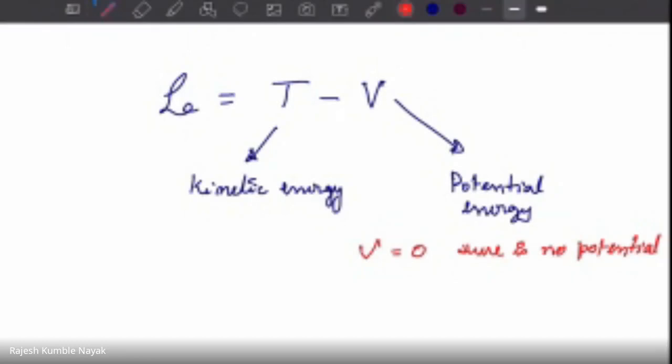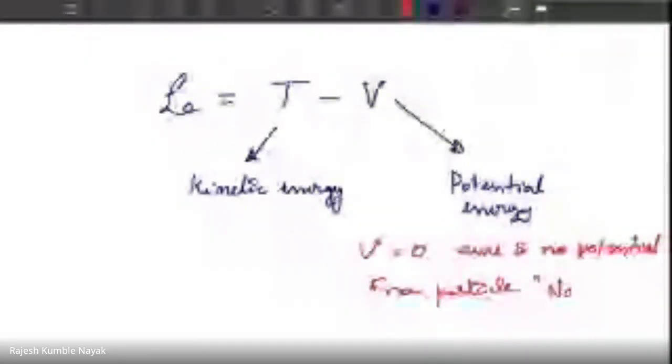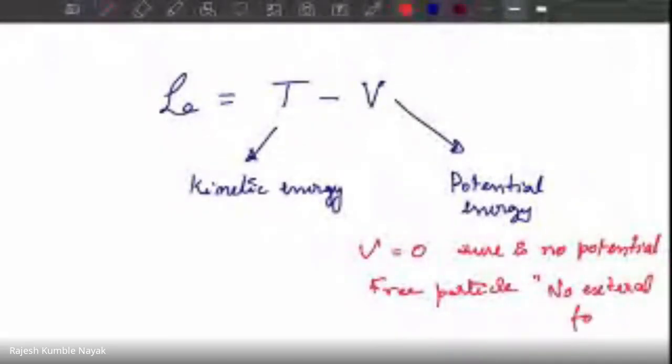But what is to be seen is that we are essentially looking at a system with a free particle. Free particle means no external force. Okay, so this is the system we are involved with. So our Lagrangian is only the kinetic energy.